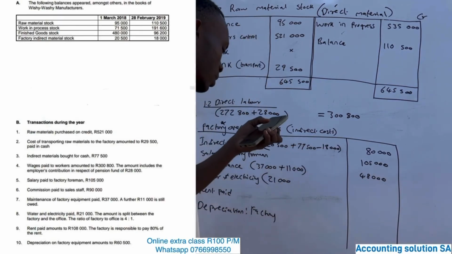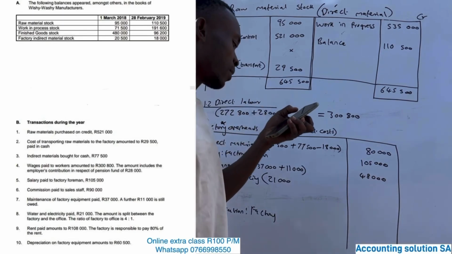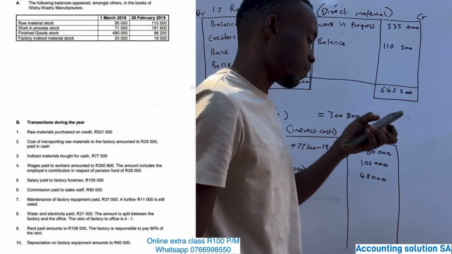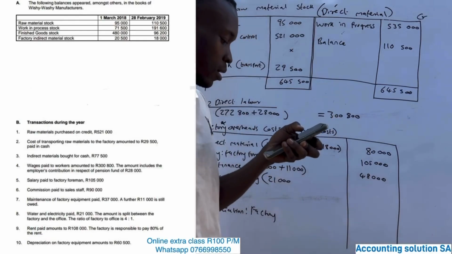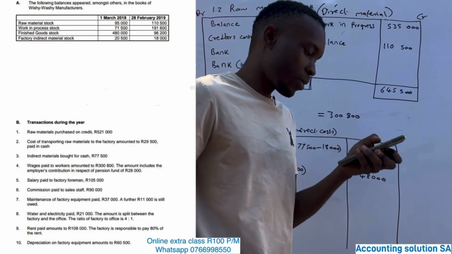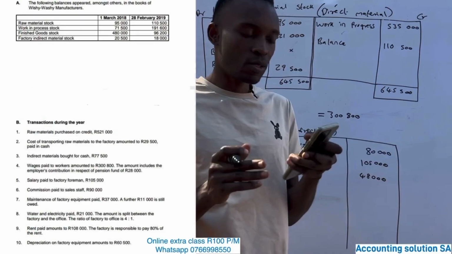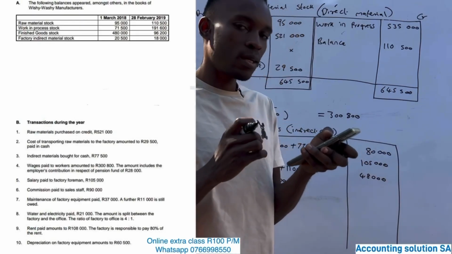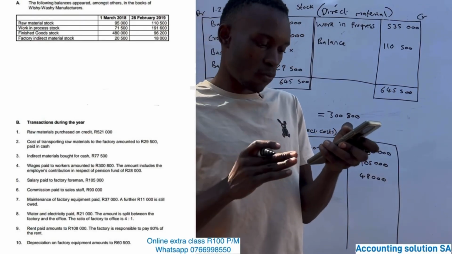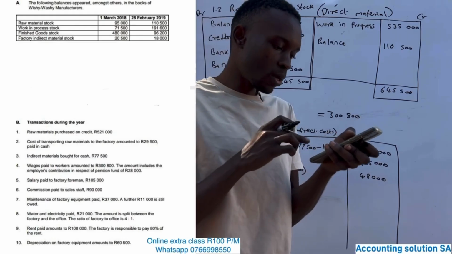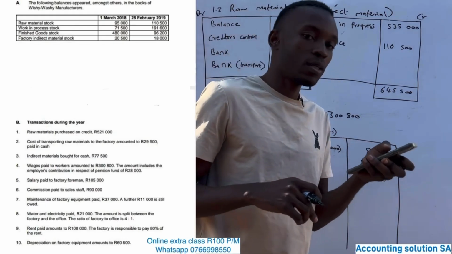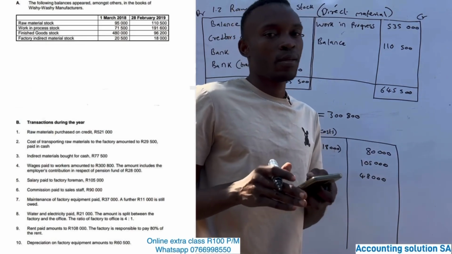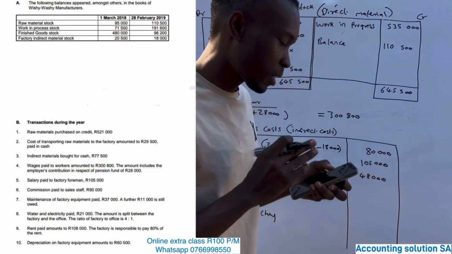But on this 21,000, only factory allocated 4 to 1 with the office, which means that the first one must match with the first one. They start with factory, and the number is 4, which is the first one. And the second one, they say office, and the second number is 1, which is related to office, respectively.